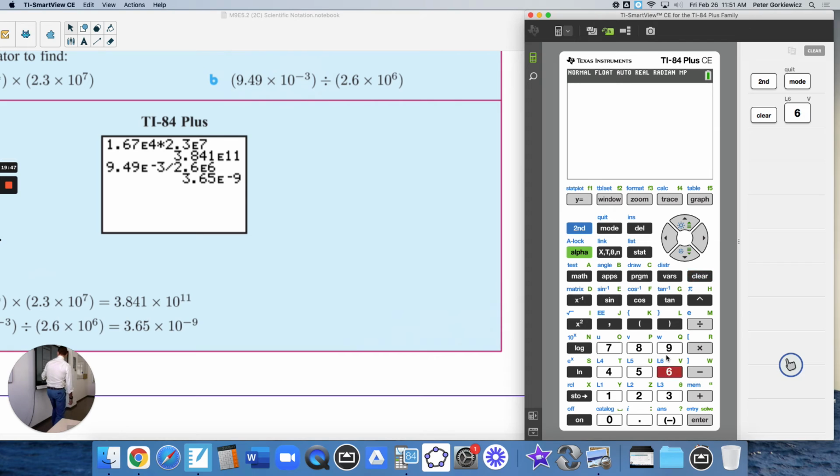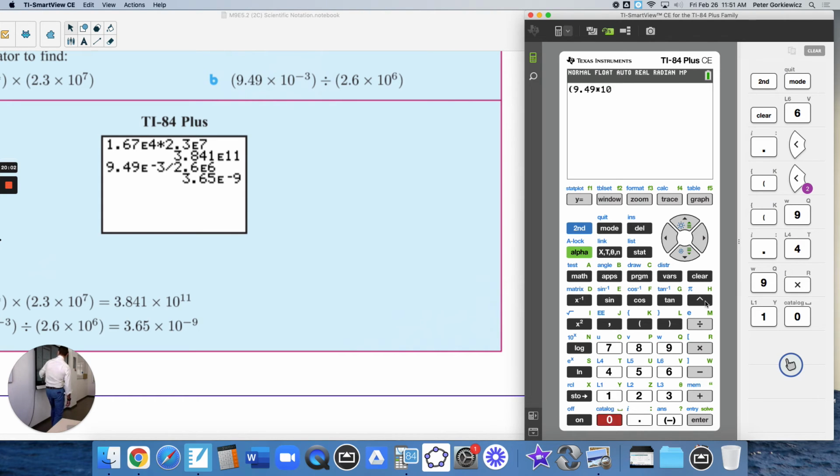And so let's call this 9 point, parentheses, right? Well, it's 9.49 there. And then times 10 to the, there's a shortcut that I'll show you in a second. -3. Use the negative, not the minus.